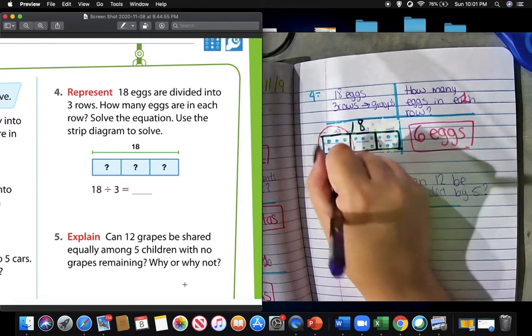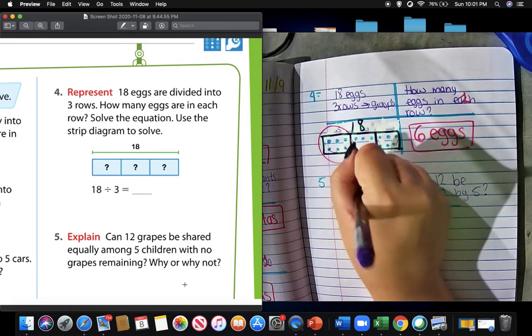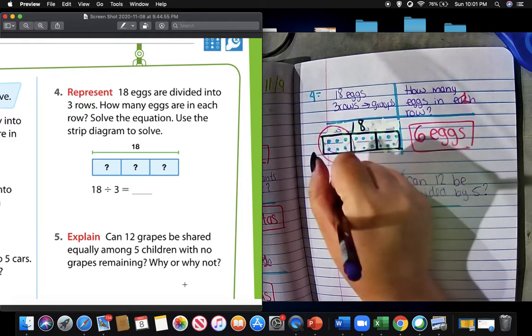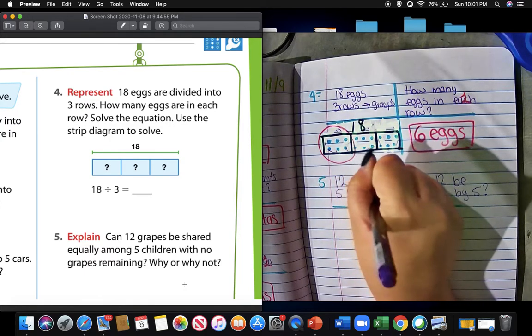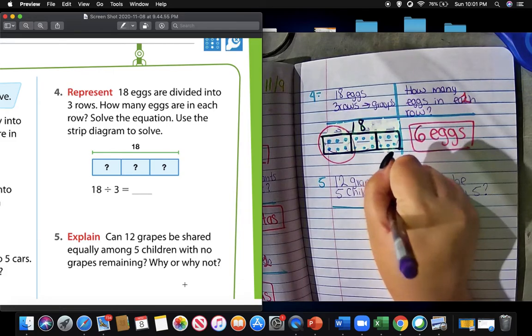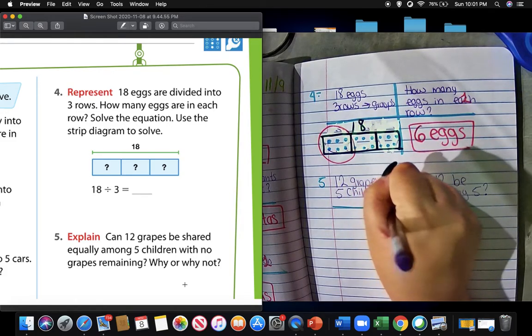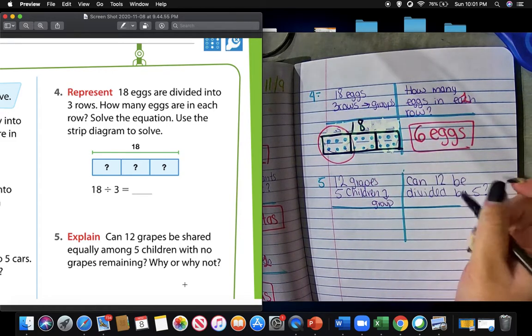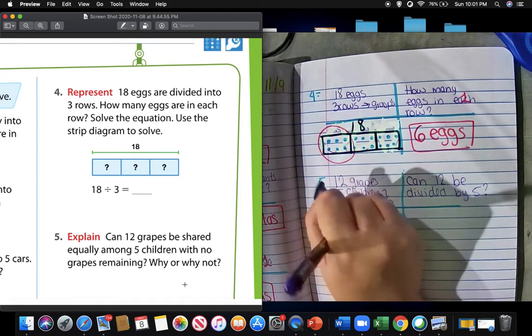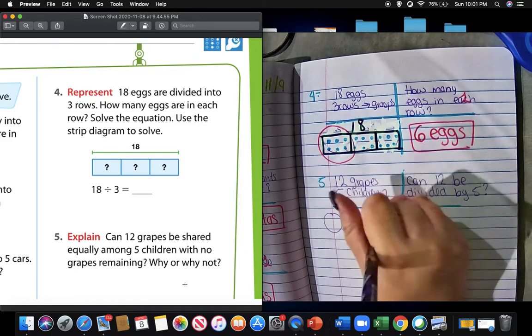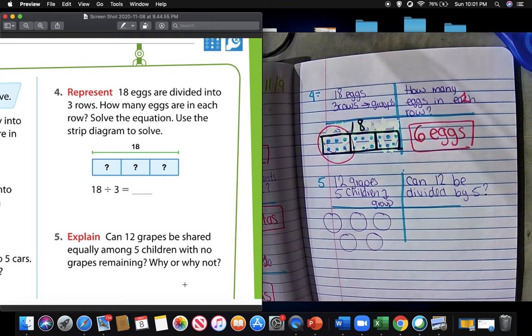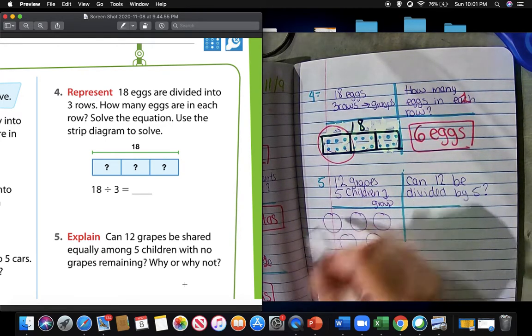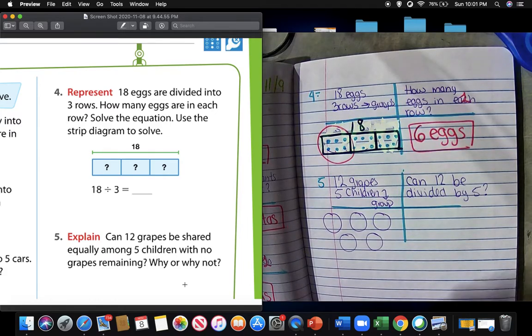Okay, so 12 grapes, and I have 5 children. The children are my group. Okay, so let's make 5 groups. 1, 2, 3, 4, 5. Okay, so ready to start counting?